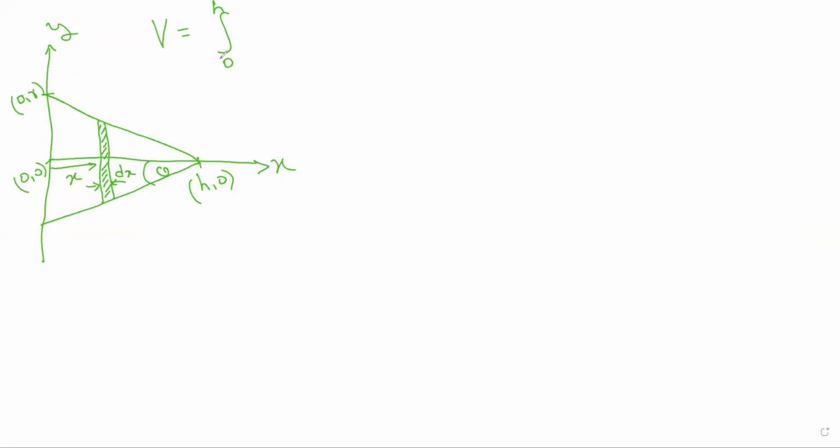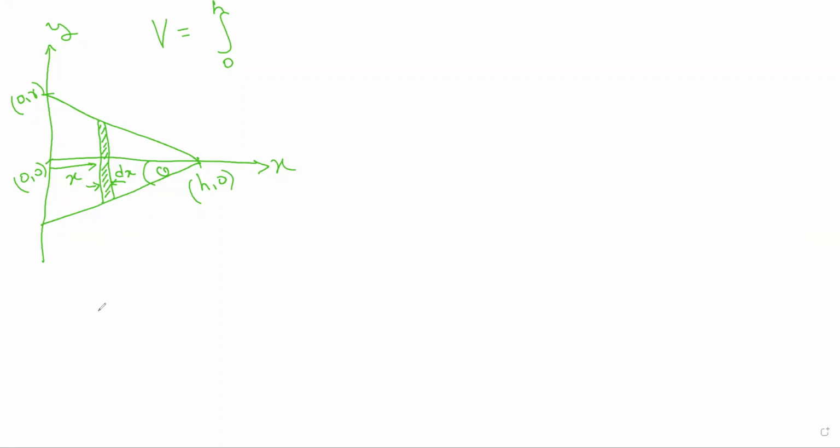That's why I put 0 as the lower limit and h as the upper limit, because we integrate the volume of this plate from 0 to h. Now the expression for the volume of this disk, that means the plate.